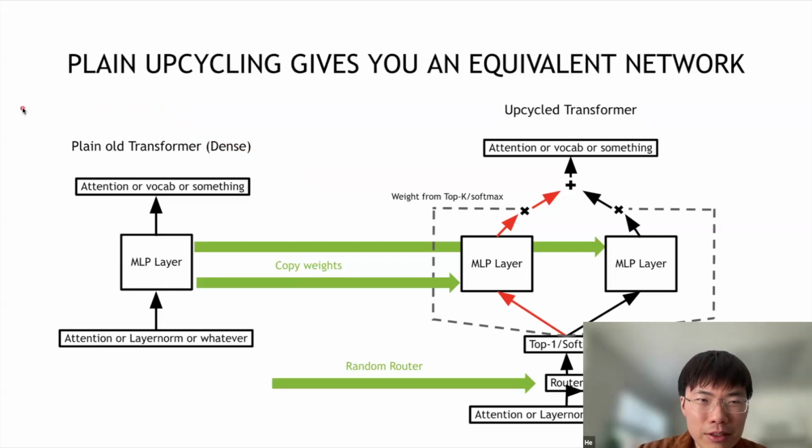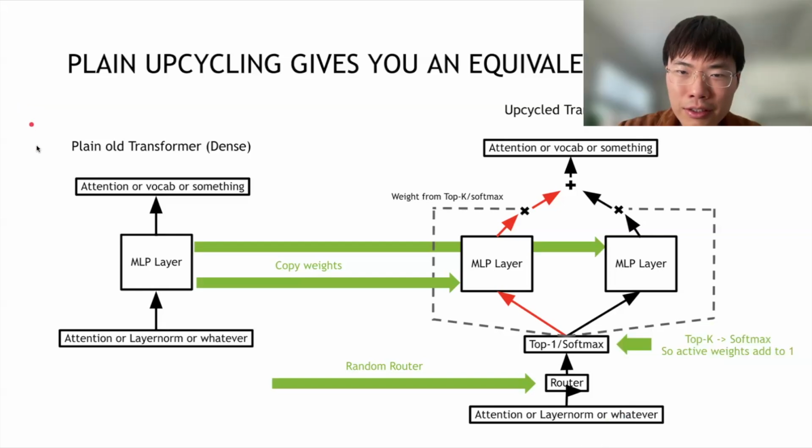So this figure explains how upcycling works. We didn't invent upcycling; it comes from a Google paper a long time ago. This is how you upcycle the model. On the left is a plain old transformer model.